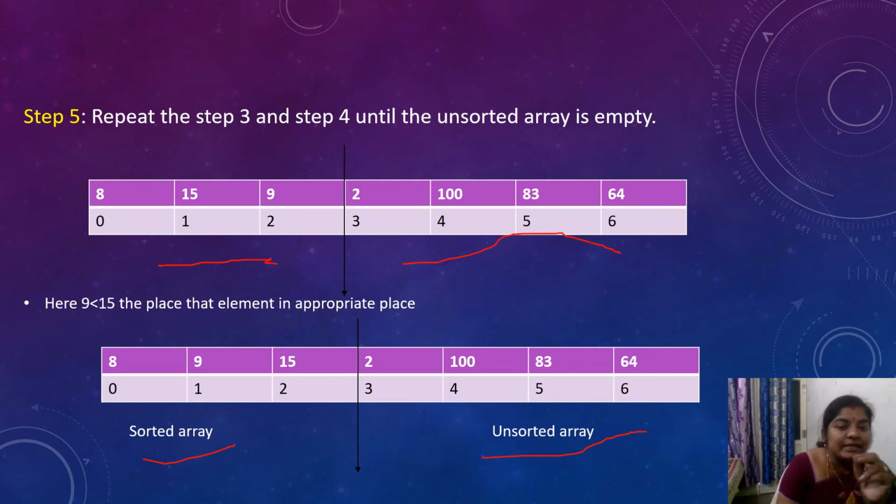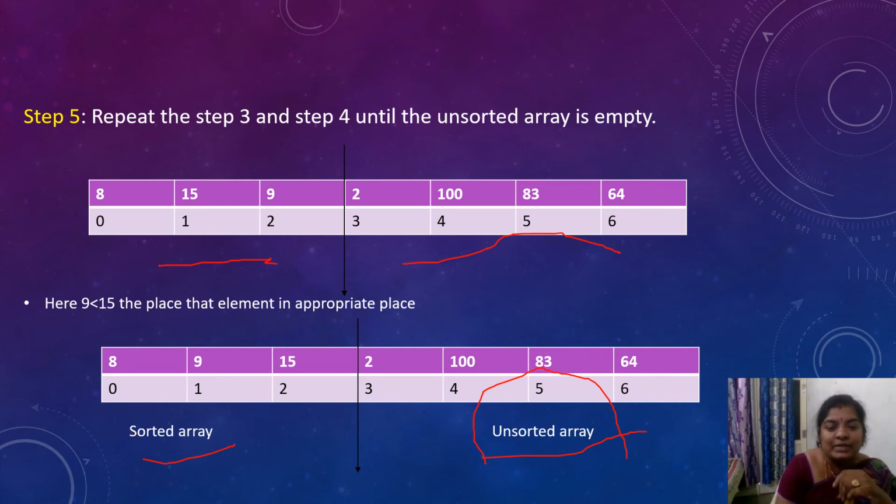After placing that element in the appropriate position, I can write sorted array as well as unsorted array. Observe that point clearly. Next, again check: the unsorted array still contains some more elements, so perform the same process.